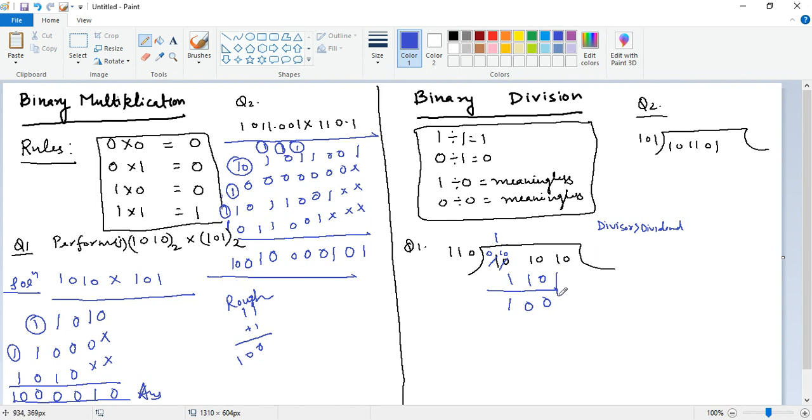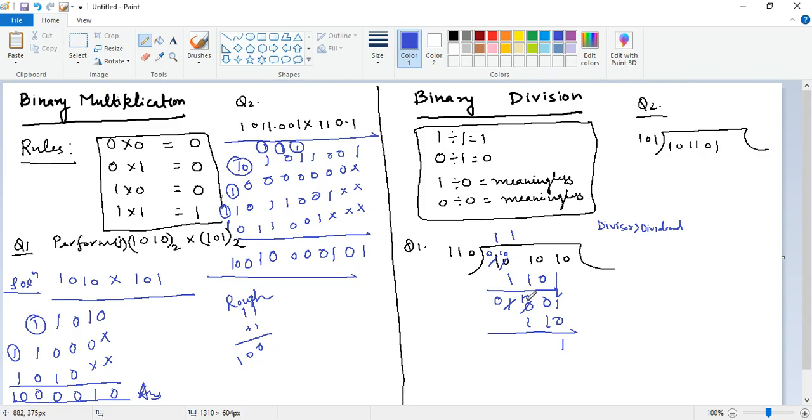The next bit is 1. So again 110, 110. So 1 minus 0 is 1, 0 minus 1, again not possible. Subtraction is not possible, so we will go to the next bit. When we take a borrow from this bit, it will become 0 and it will be 10.